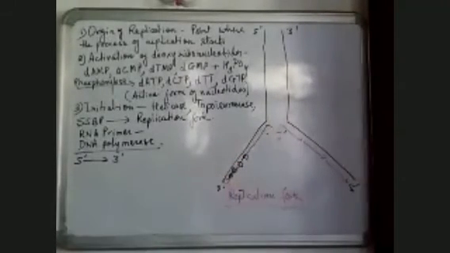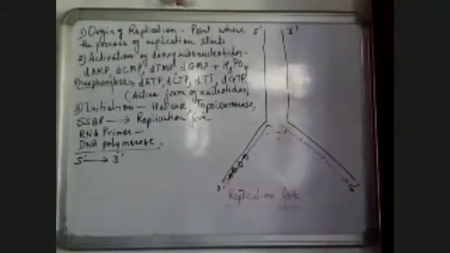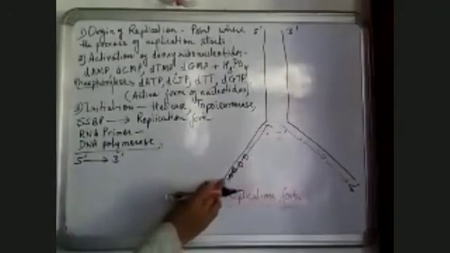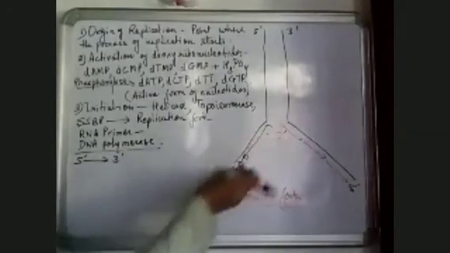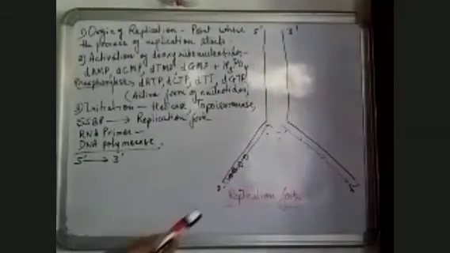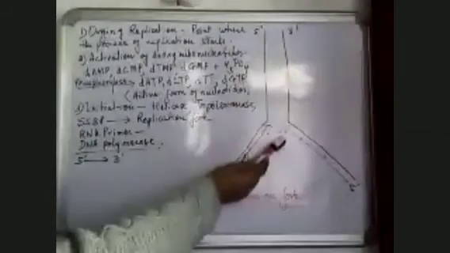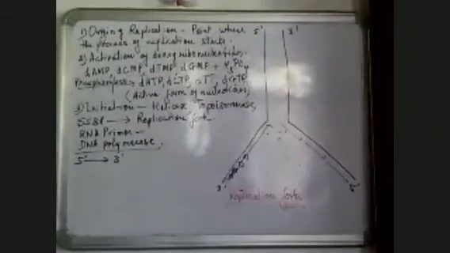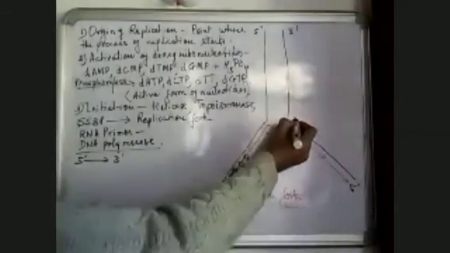So when it is formed in this direction, the nucleotides are added and it keeps on opening, and this segment which is formed keeps on increasing in length. But on this side, the new strand has to be formed on 3 prime, and the 3 prime here is this, here it is 3 prime, if you see.